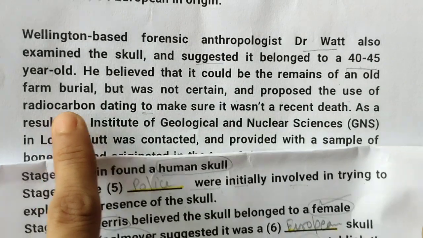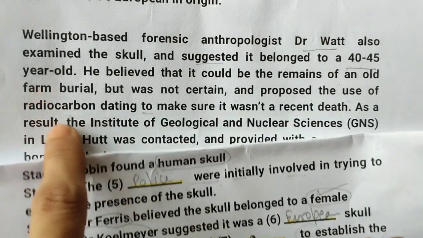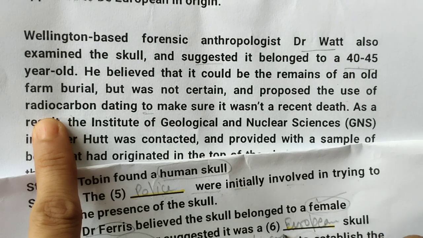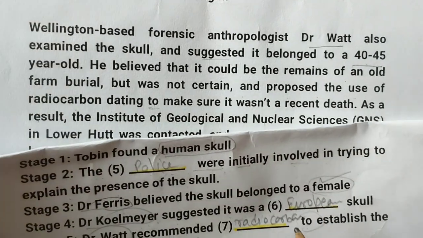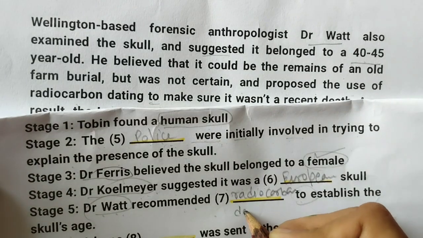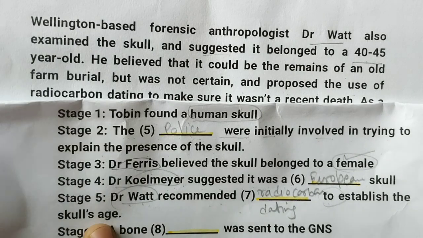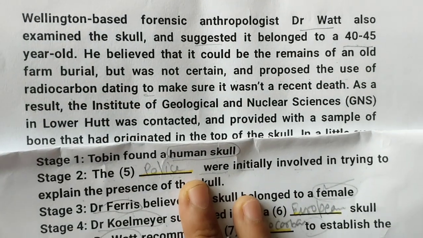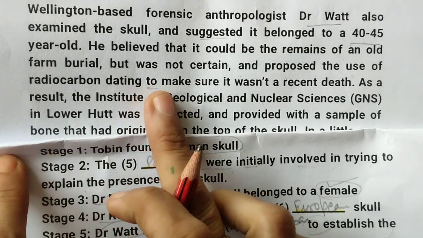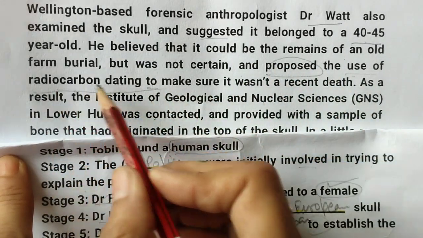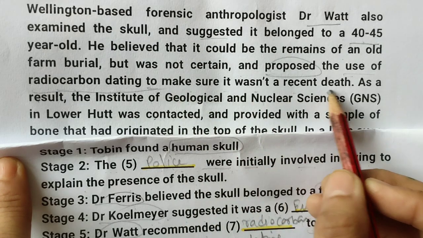So carbon dating is written, so we will write radiocarbon dating. Whatever the spelling is given, you have to write full, just copy the spelling. To establish skull's age. See this, from this we have got to make, this is the location. Proposed means recommended the use of radiocarbon dating to make sure it wasn't recent death.